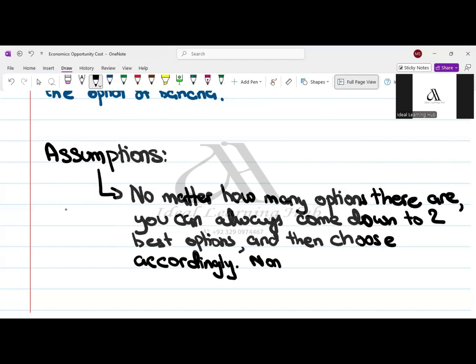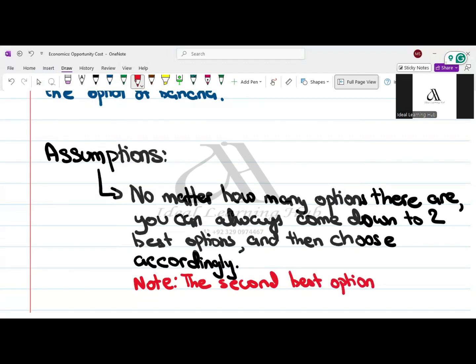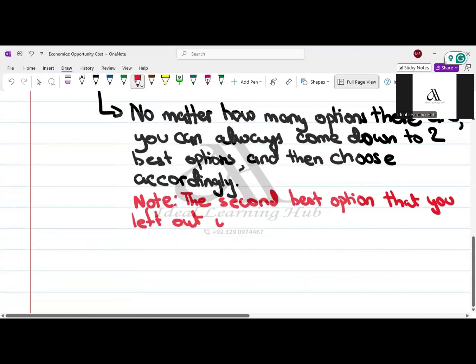Note, the second best option that you left out is the opportunity cost.